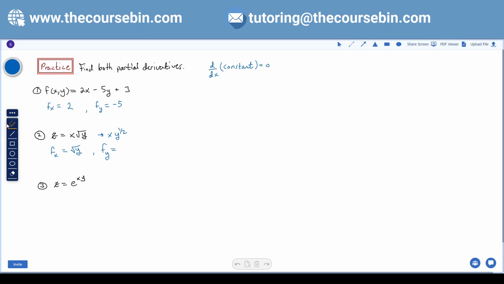But wouldn't it be, if you're doing the derivative, wouldn't it be x 1/2 y? Yeah, right. So we bring the 1/2 down times x, then y to the negative 1/2.